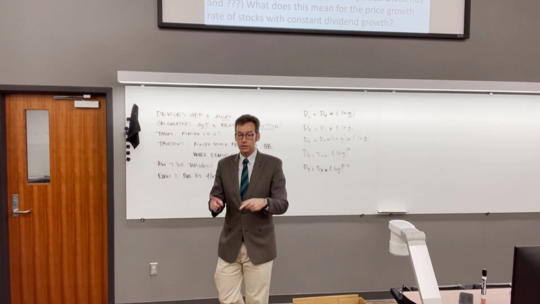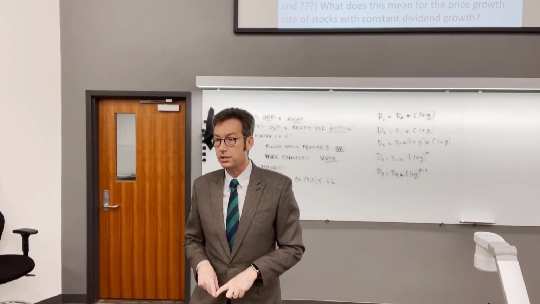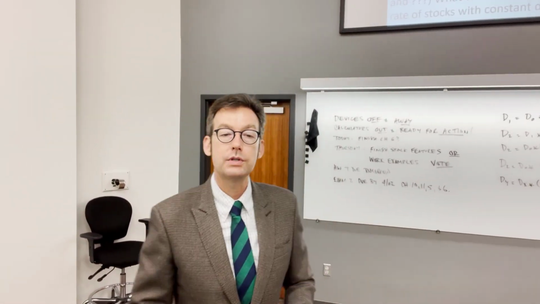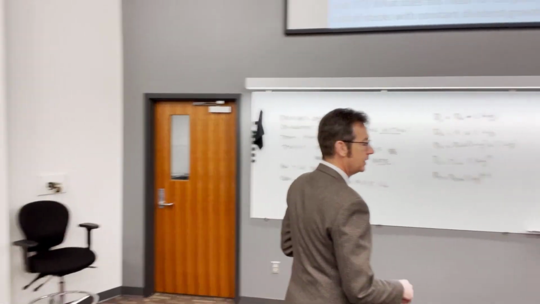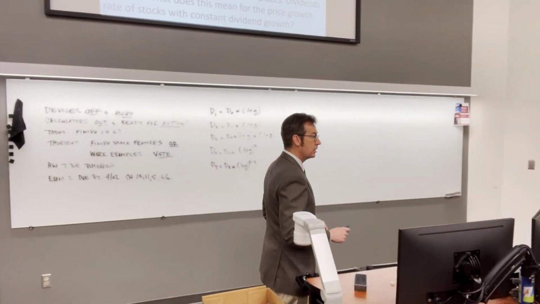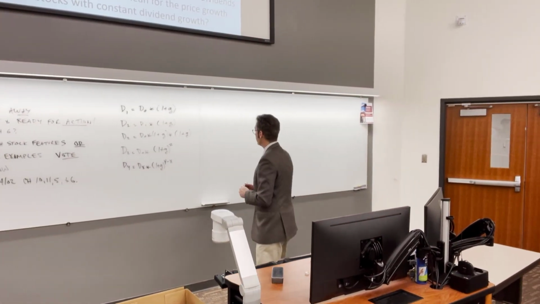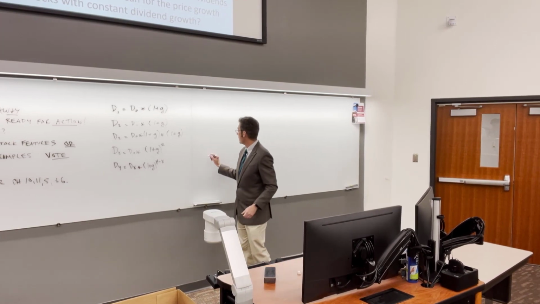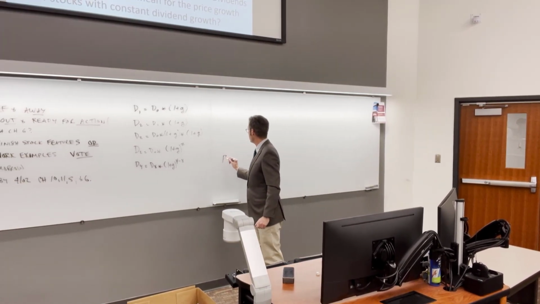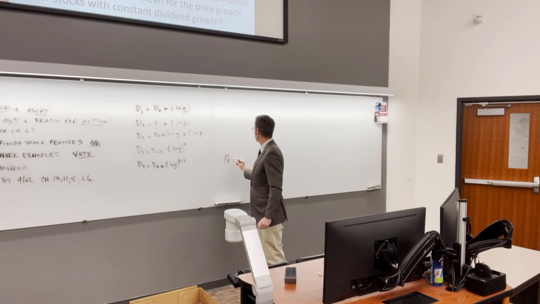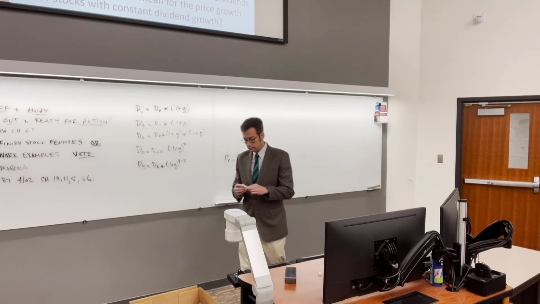Okay, now remember, I just told you that the stock price grows at the same rate as the dividend for firms with constantly growing dividends. And so we can actually do the same thing with price. We could say that Py is equal to Px times 1 plus G to the y minus x.